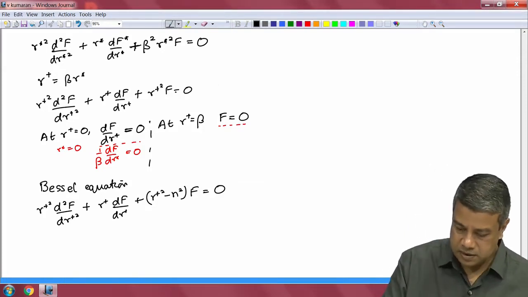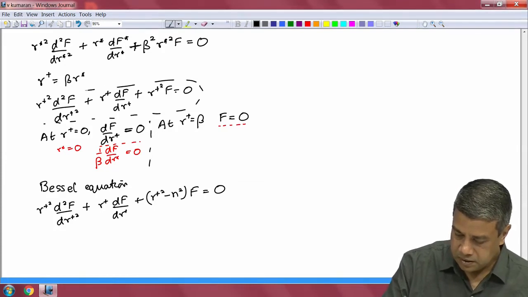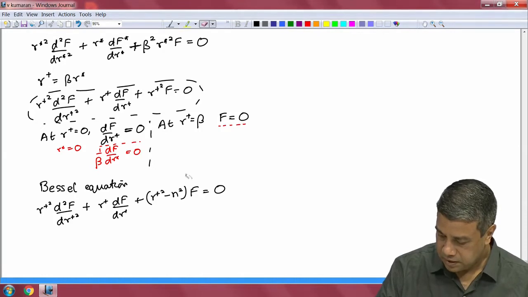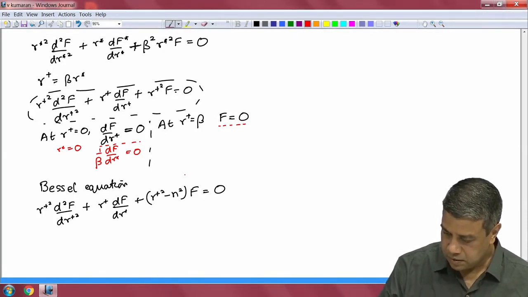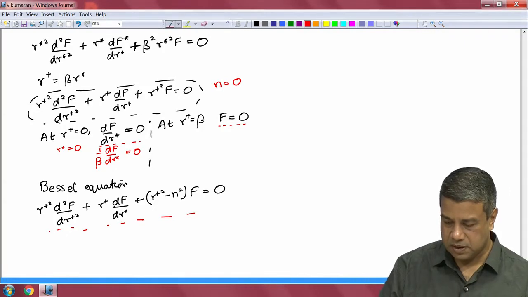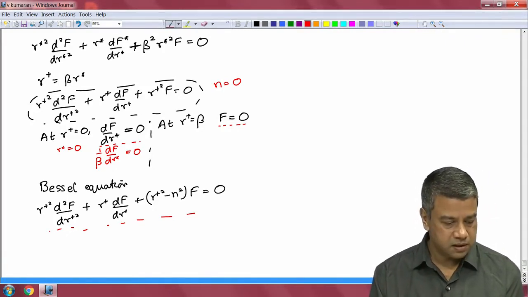So, this equation corresponds to the Bessel equation with n equal to 0. If I take this Bessel equation and substitute n equal to 0, I will get the equation for the heat conduction in the cylinder that I originally had.